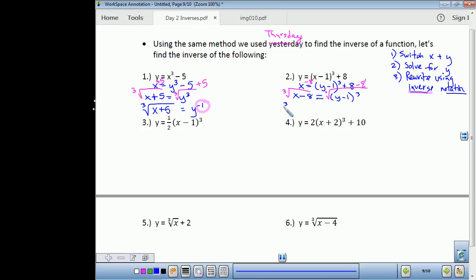So this is now the cube root of x minus 8 equals y minus 1. Now what's the last step? Add 1. Move the 1 to the other side. Now we have y all by itself. Once you have solved for y, that is when you use the inverse notation. Once we get y totally by itself, we rewrite the y using inverse notation.